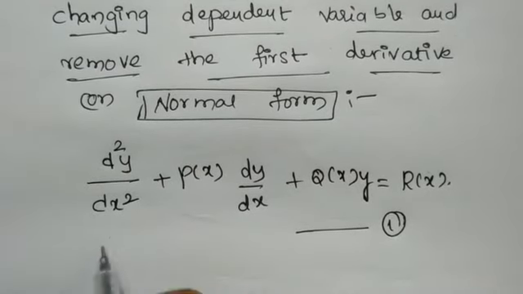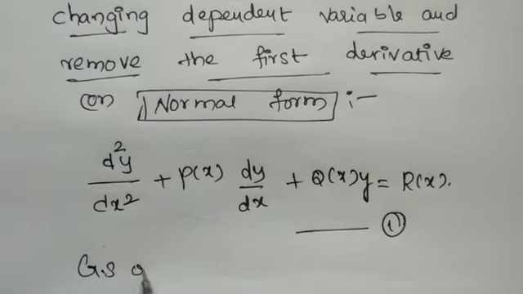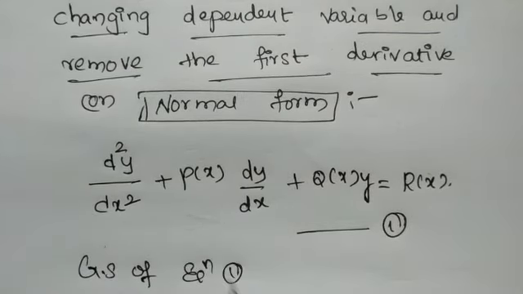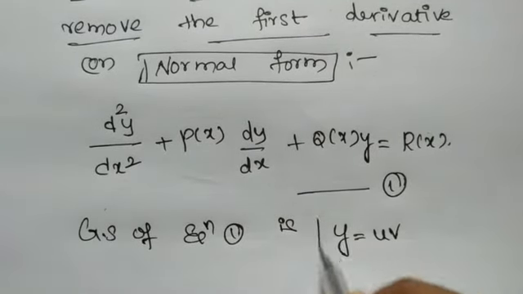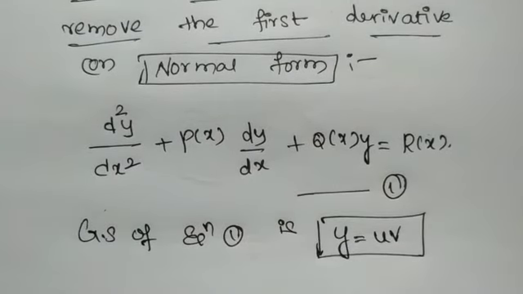In this, the general solution of equation 1 is y equal to uv.